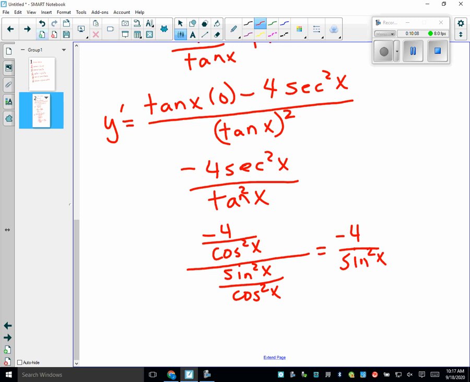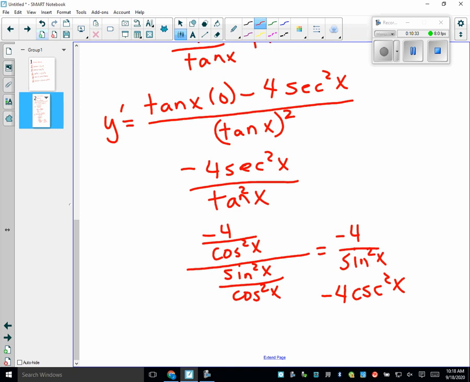I just asked it because so many of your problems are multiple choice. Is that the same thing as negative 4 cosecant squared x? Yes, but I never would have thought of it unless you said it. You would have if you were looking for an answer that matched it on the multiple choice.